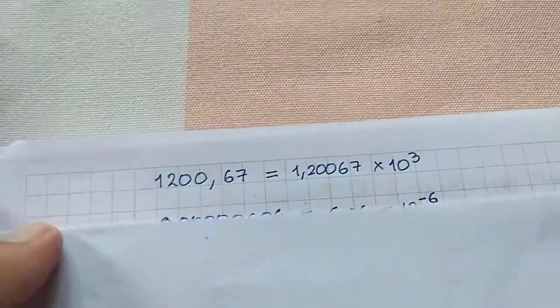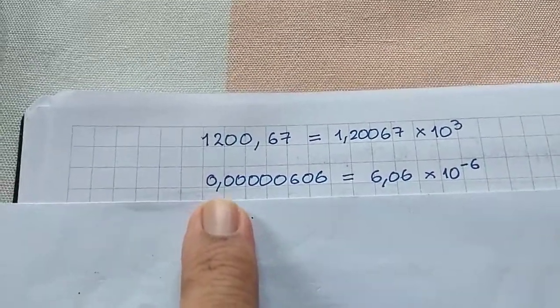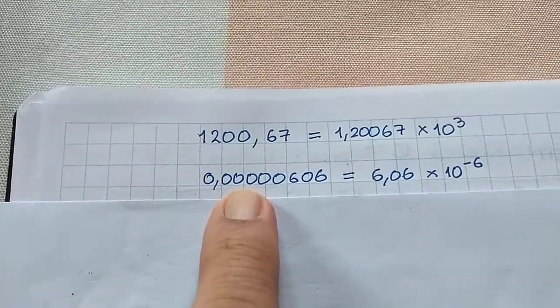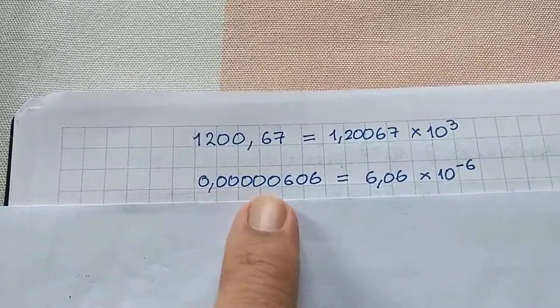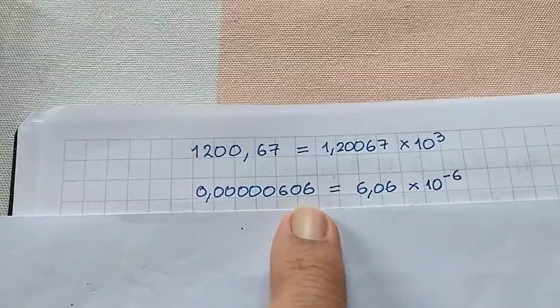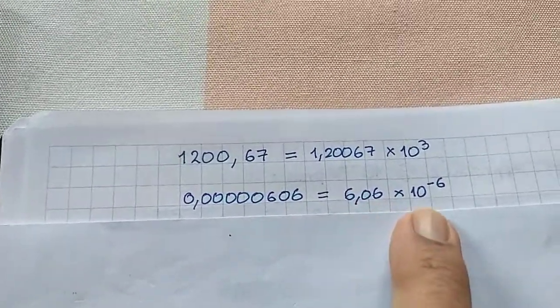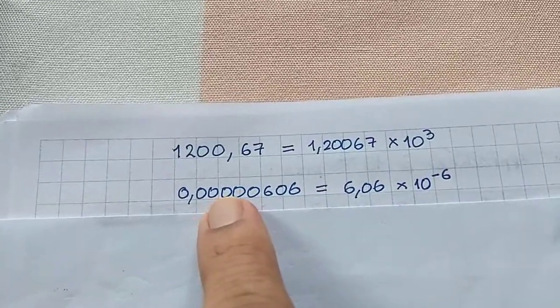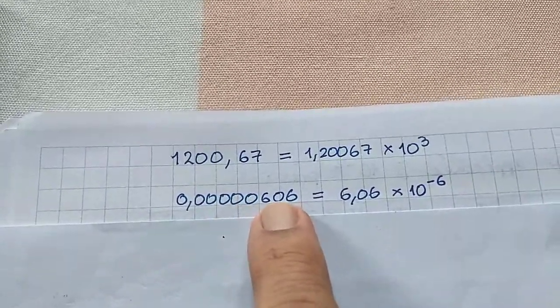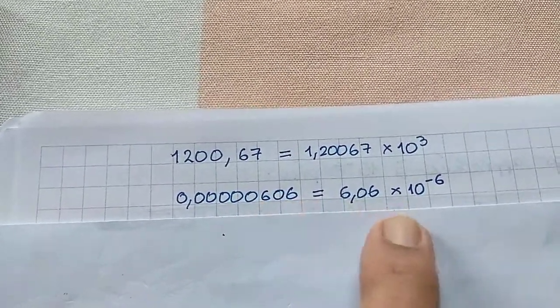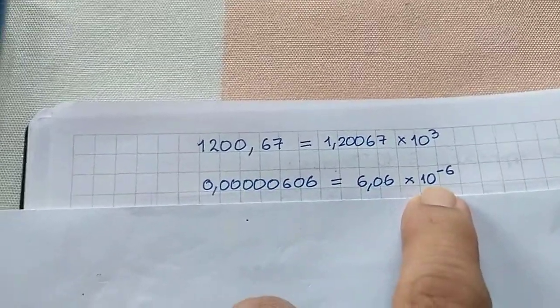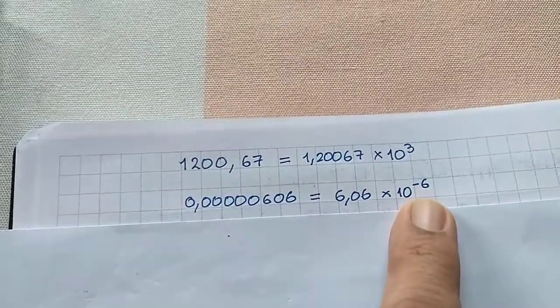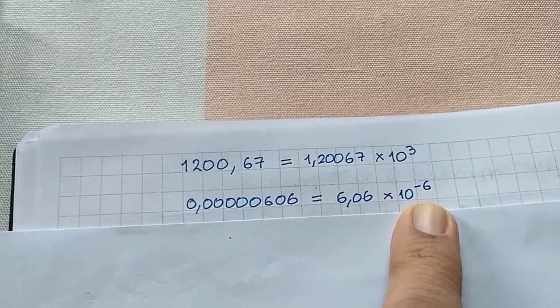And then we'll take one very small number, 0.0000606. This is 6.06 into 10 to the power minus 6, because you have to multiply it by 10 to the power minus 6 to get the same number.